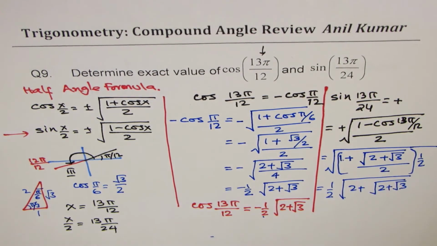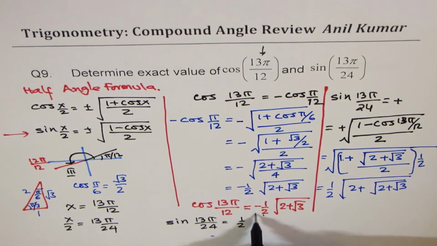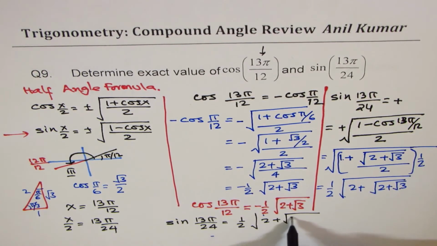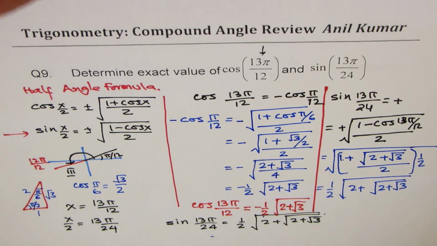So sine 13 pi by 24 is equal to half within square root 2 plus square root 2 plus square root 3. That becomes the answer. It is kind of tricky, but I hope you understand and appreciate it.